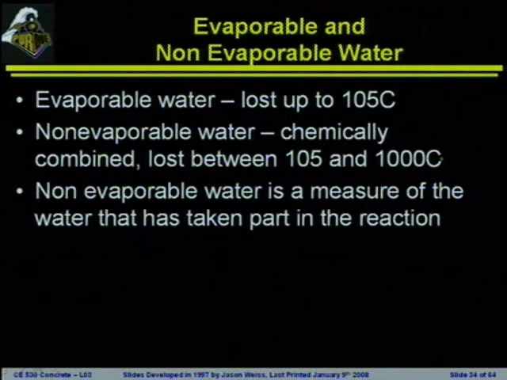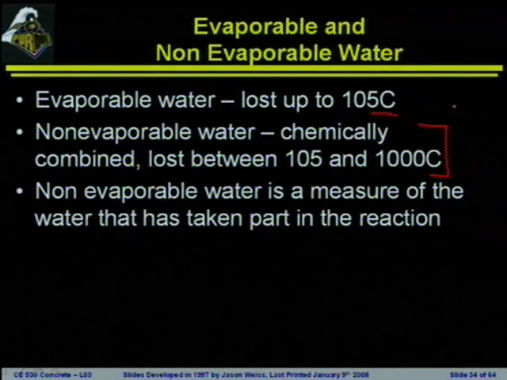One way that this could be measured is by measuring the non-evaporable water that's in the system. Very simply, there are two types of water when you look inside of a cement. There is water that can evaporate, and this is water that's typically lost up to 100 to 105 degrees Celsius. And there is water that is non-evaporable, and this is water that has chemically combined.